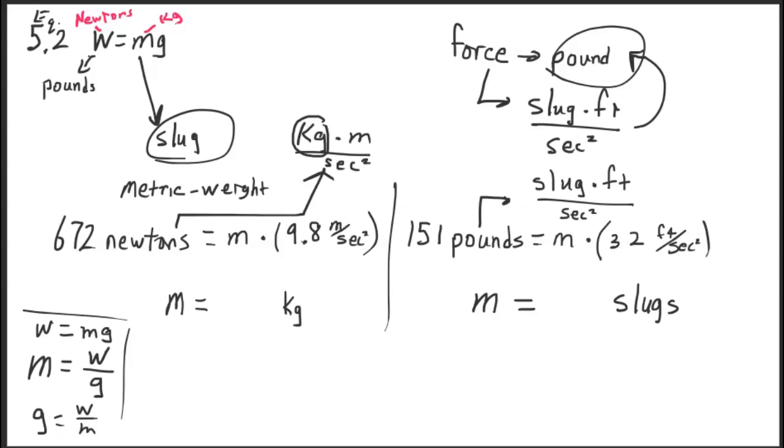So, I guess there could be a scenario where they would give you that problem to do. Okay. As far as the math goes, it's pretty straightforward. It's a very simple equation, and so it's very simply solved. Just make sure that you're using the 9.8 meters per second squared for gravity when it's in the metric, and you're using the 32 feet per second squared for acceleration due to gravity if you're in the English. Okay?